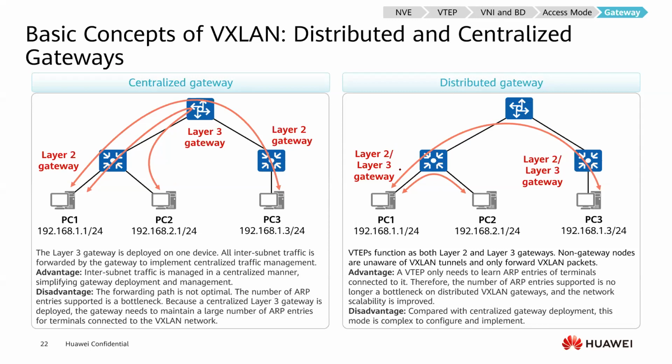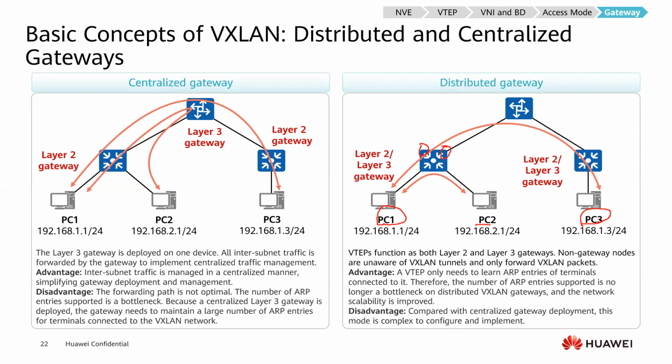For example, for PC1, PC2, and PC3, you will find that PC1's gateway is on this device. It means we will configure a VBDIF on this device for PC1. Also for PC2, we will configure a VBDIF on this device.